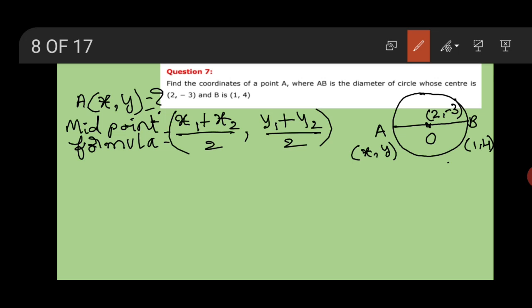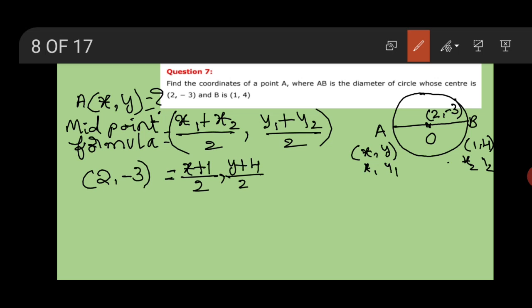Now apply the formula in the given figure. Here we can say (2, minus 3) is equal to, this is x1, y1, this is x2, y2. So (x plus x2, which is 1) divided by 2 comma (y plus 4) divided by 2. It's equal to what?